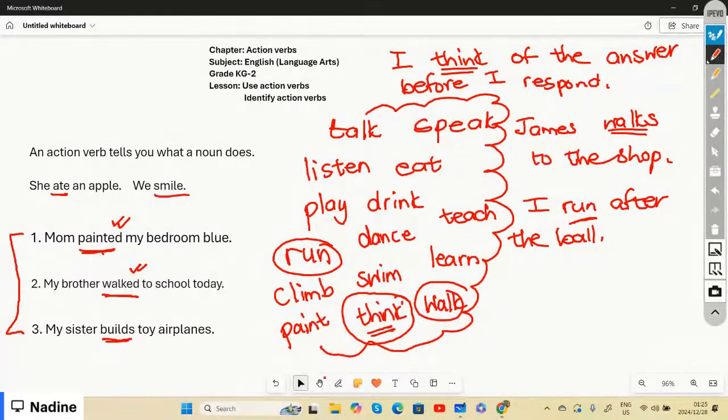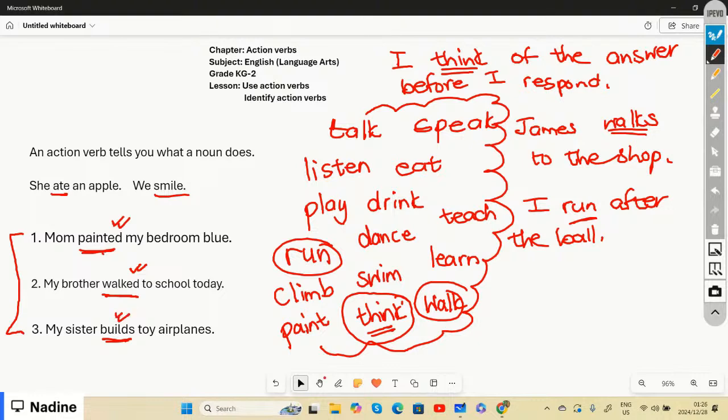All right. So now, if we once again look at our action verbs, we identified some action verbs. We said that mom painted my bedroom blue, which means that painted is the action verb that we identified. My brother walked to school today. Walked is the action verb that we identified. And then my sister builds toy airplanes.